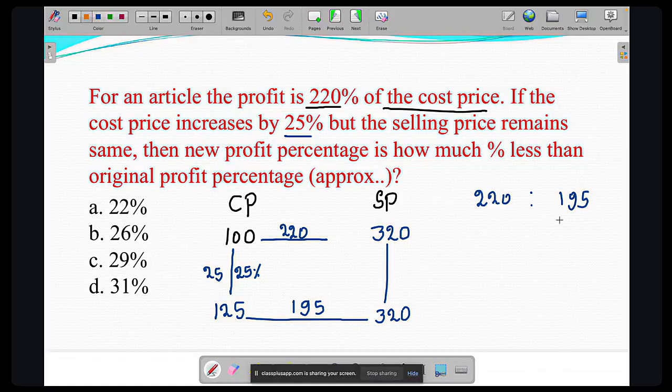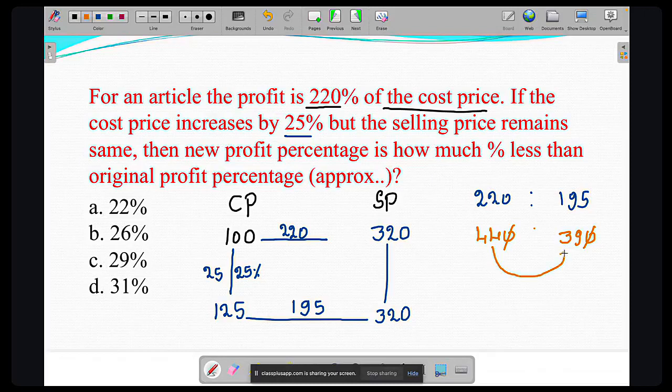If I do ratio, you can do double, both you will get the same answer. 440 double. What is 195 double? 390. So the ratio will be 44:39.